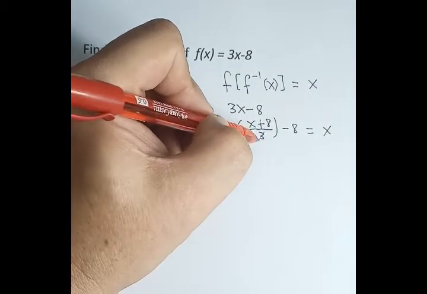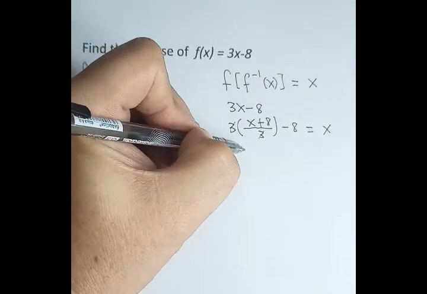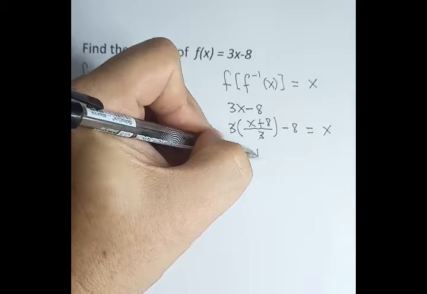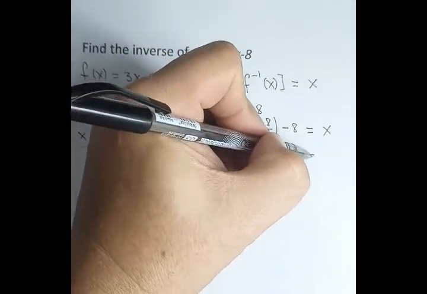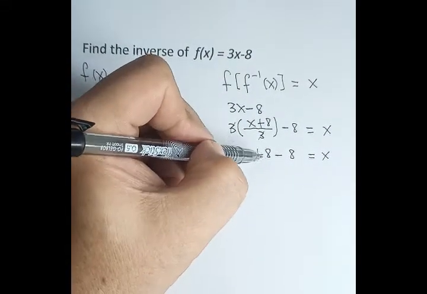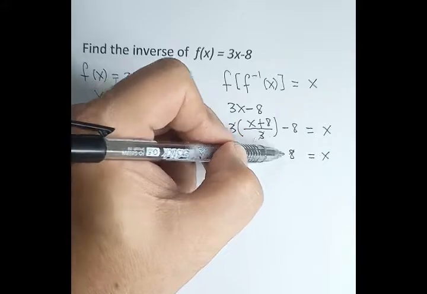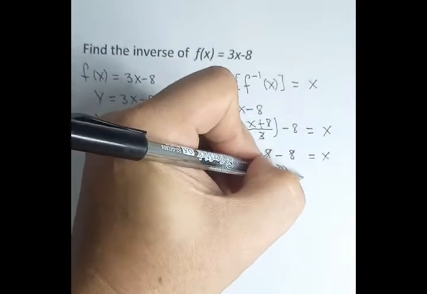So 3 and 3 cancel out. So what we have here is x plus 8 minus 8 is equal to x. So the plus 8 and minus 8 cancel out. So we have x is equal to x.